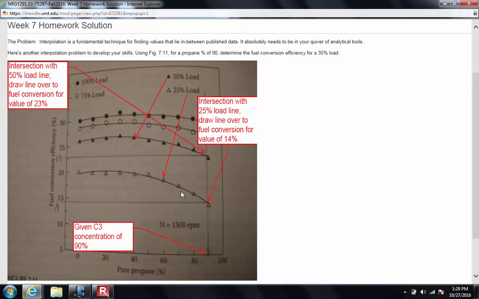We can get pretty close by favoring the 25% line versus the 50% line. And that's great for casual information. If I don't need an exact number, just in conversation, I can say, hey, it's about 18%, that's close enough.